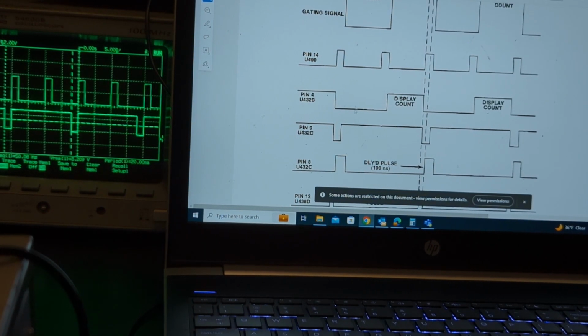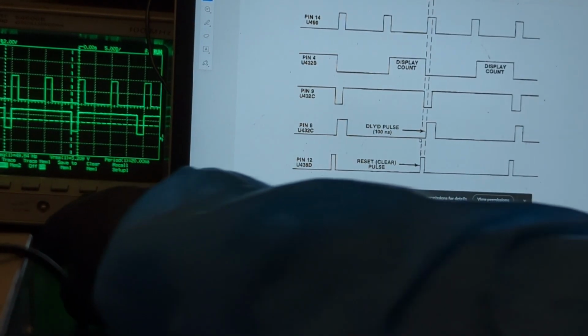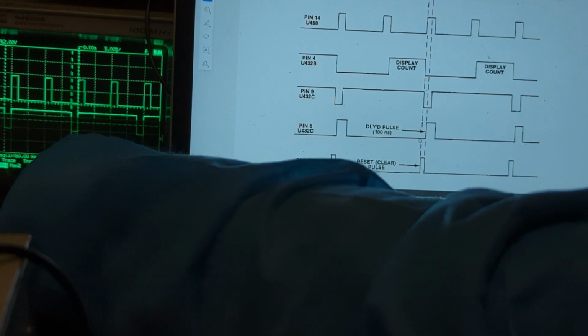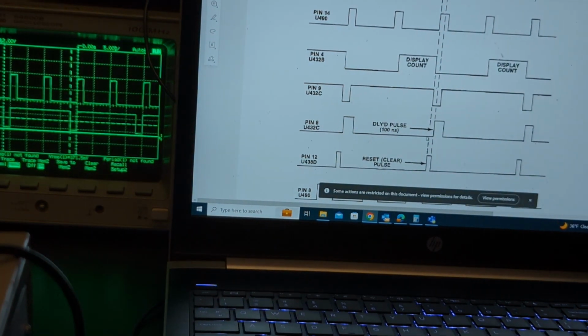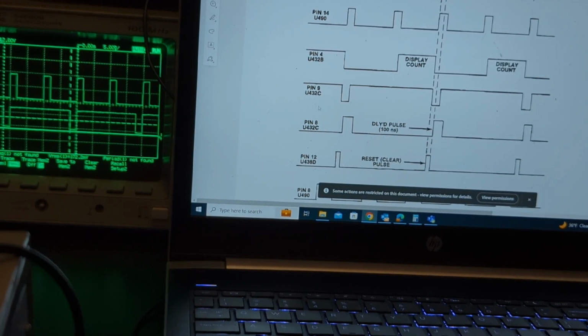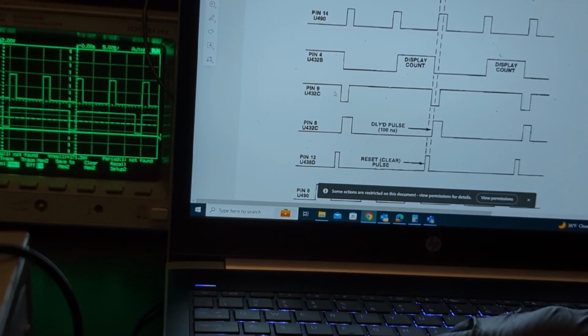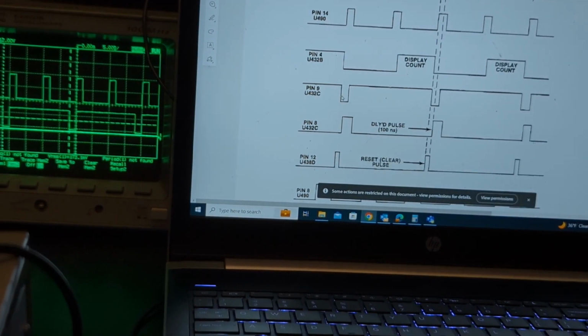Okay. So that looks good. Let's actually save this one. Alright, so now we've got pin 9 up there as well.